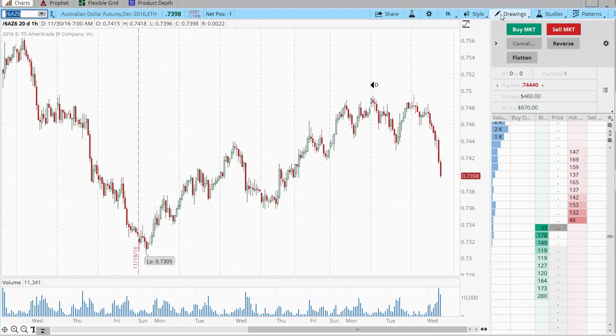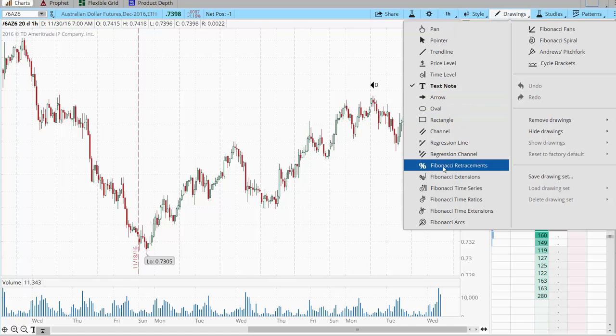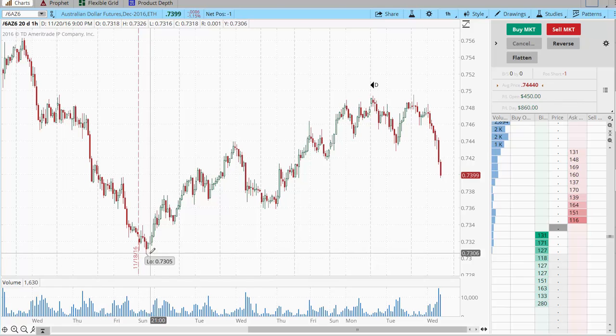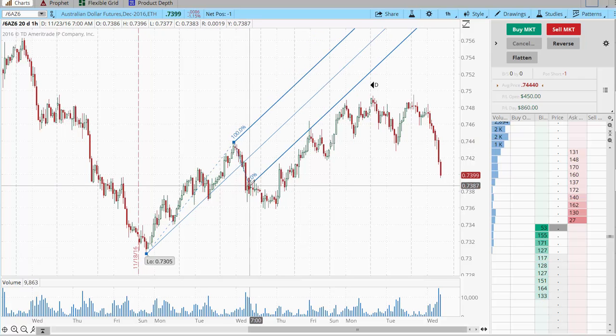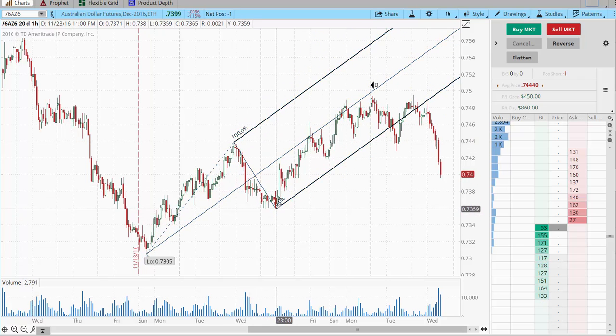Now let's just draw some median lines in here and let's see what happens. There we go. Take this here, this here, and this here.